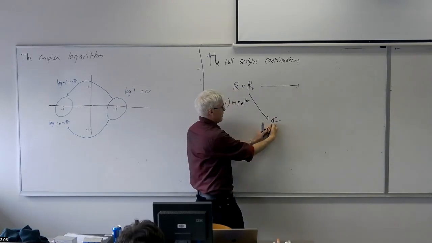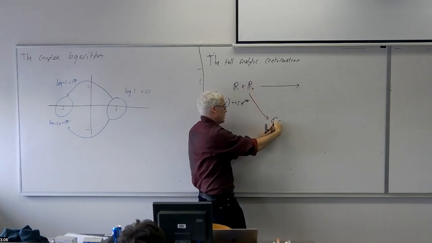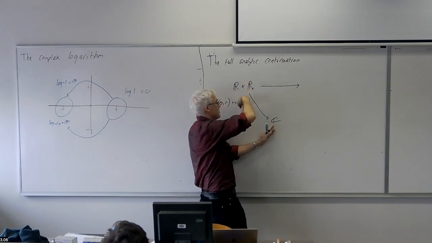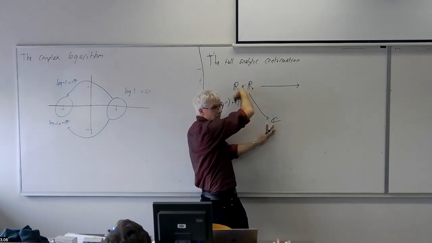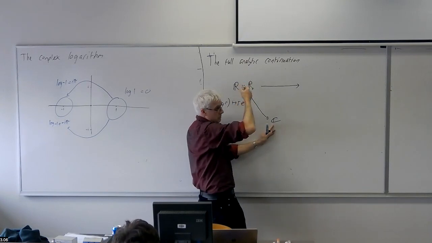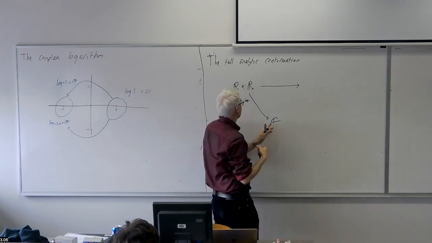So for any complex value here, the possible complex logarithms for it are, you look at the fiber over the complex number here, which is going to be either empty at 0 or some countable set of complex numbers differing by 2 pi i's or something like that.